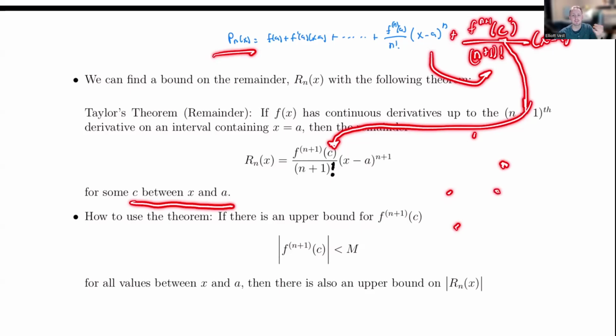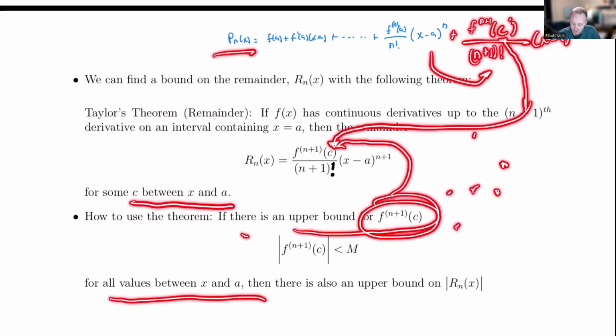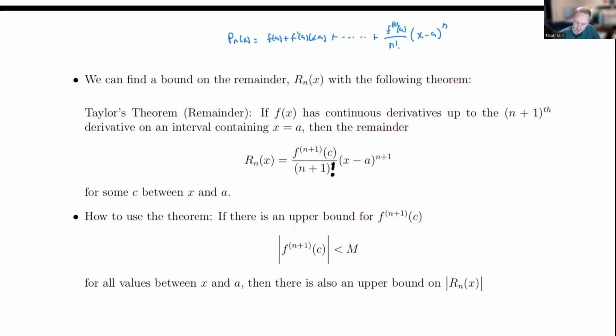Because how do we use a theorem like this? We don't know what the c is here. We really don't know. How do we use it? Well, we look for an upper bound for that derivative in that interval from x to a. So say I have my interval here. Let's say a is the thing I'm centered on. I have an x value that's a little bit bigger.